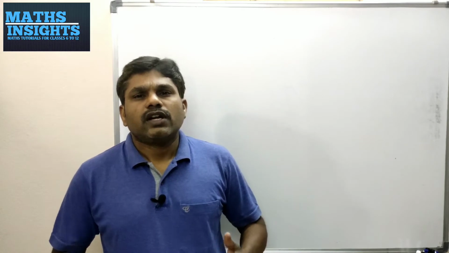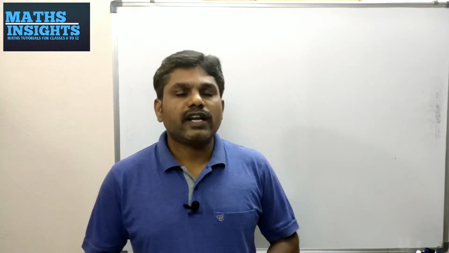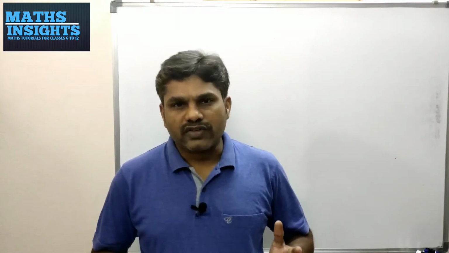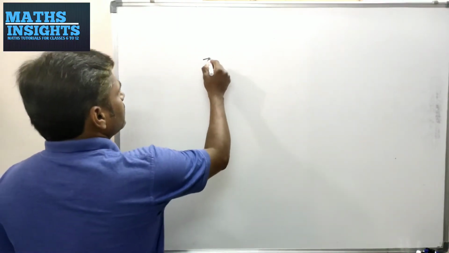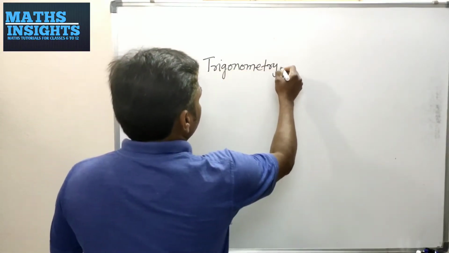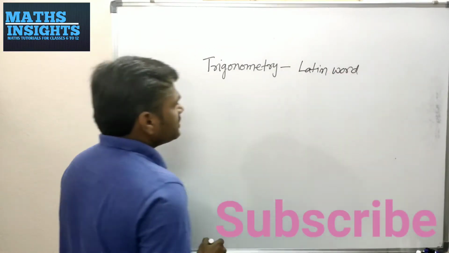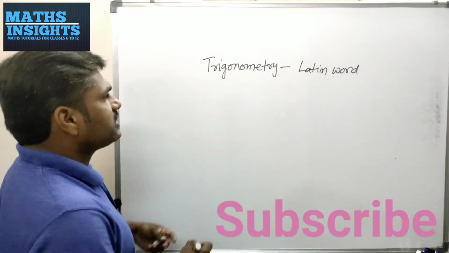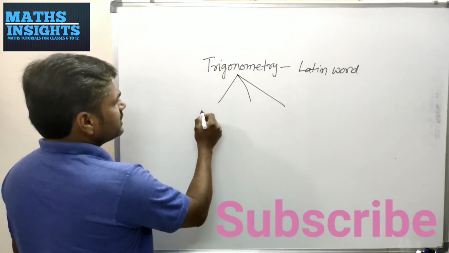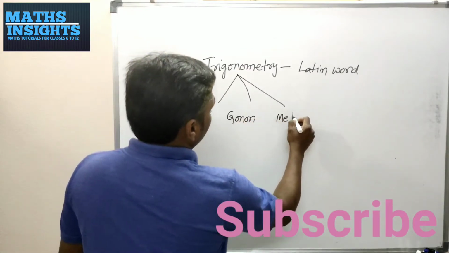Before going into the topic, you have to know what is the actual meaning of trigonometry. The word trigonometry is a Latin word which is derived from Greek words. So I am writing, trigonometry actually is a Latin word. This word is taken from Greek words, derived from, actually this is derived into three words, that is tri, gonon and metron.